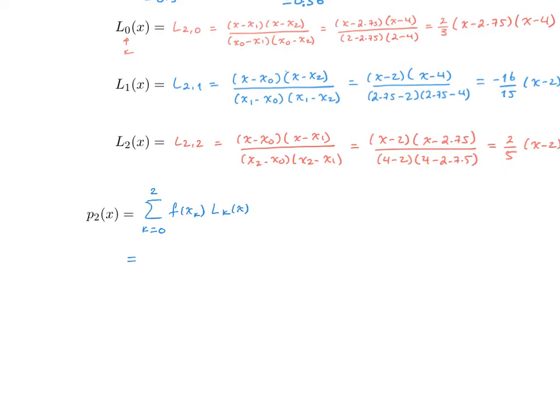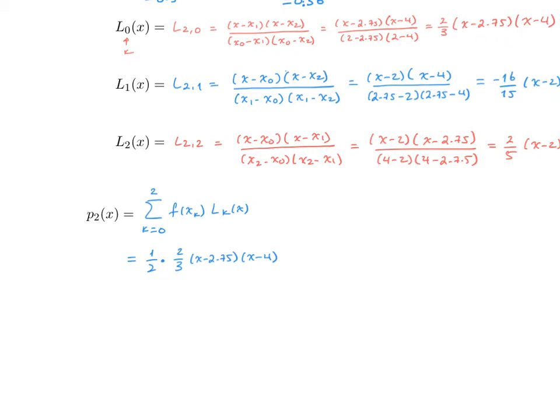So in our case, this will be 1/2, that's the f of 0, times 2/3 times x minus 2.75, x minus 4, which was the first one.